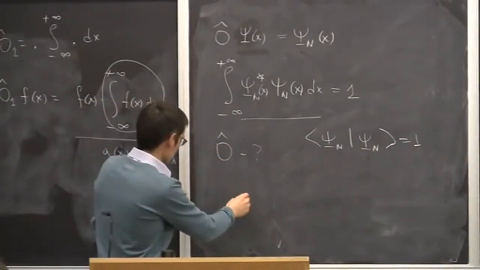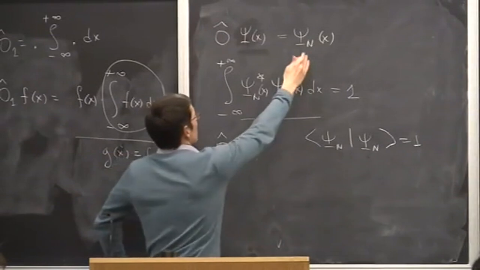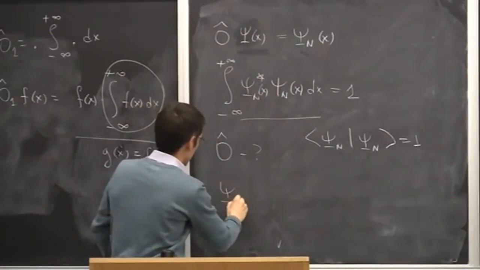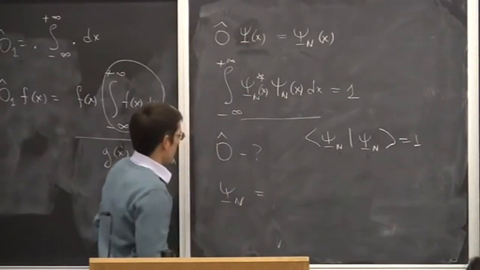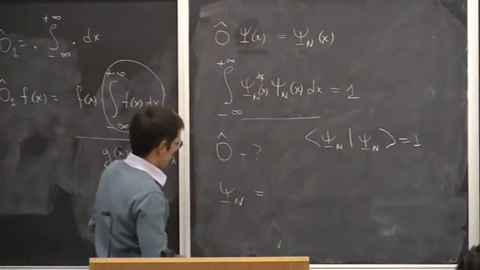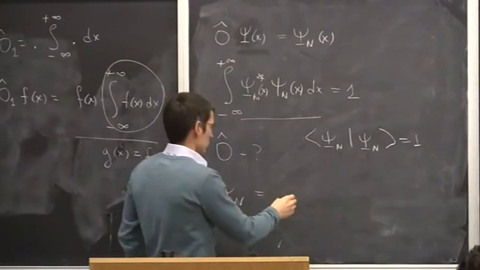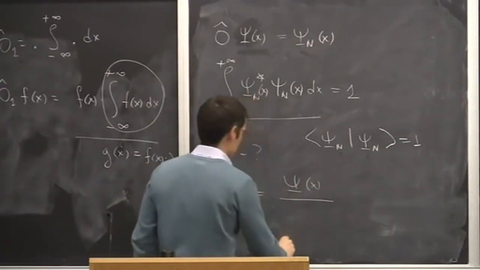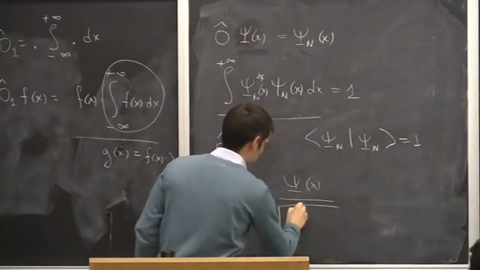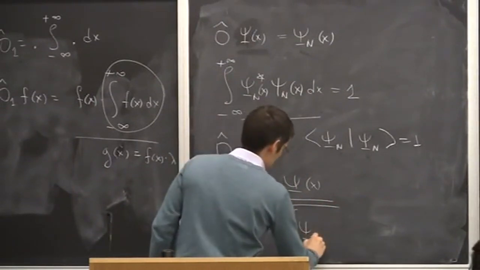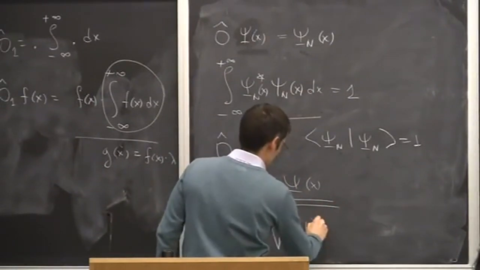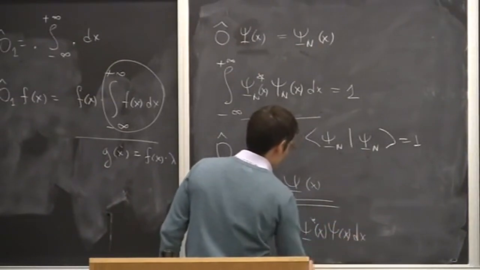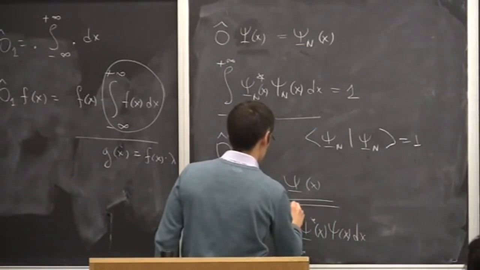Well, how do we obtain psi n, without any operators in mind? We take the function psi of x and divide it by the square root of the integral of psi of x star psi of x dx, from minus infinity to plus infinity.